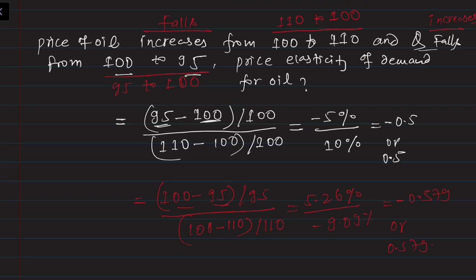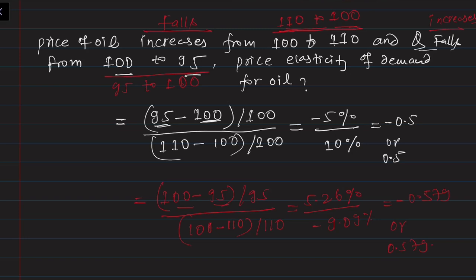So we can see that the fundamental formula is not that effective when it comes to two different points. These are two different points on the demand curve. When there are two points on the demand curve, our fundamental definition does not give that accurate answer. There is some bias in the answer.